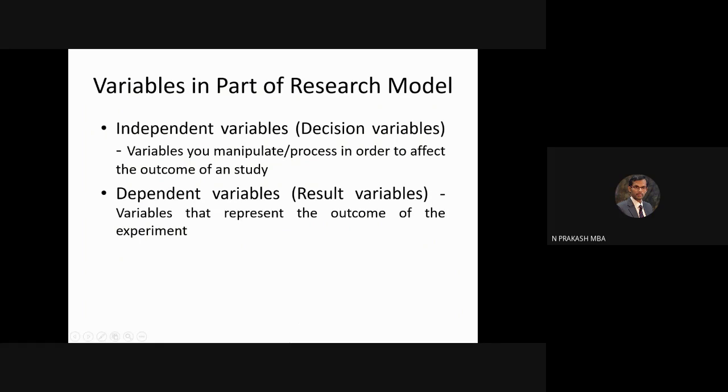So always you can see in the research model, we will have two variables. One is a dependent variable and another one is an independent variable. This we all know. The independent variable, we call it a decision variable, which helps to make the decision or helps to create a result for our objective. And the result variable is the outcome of our study.